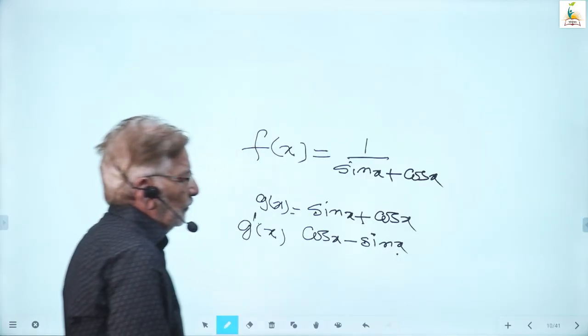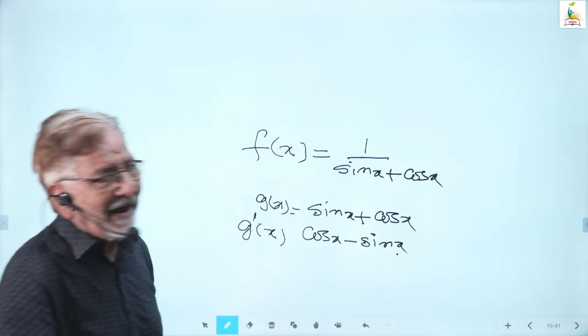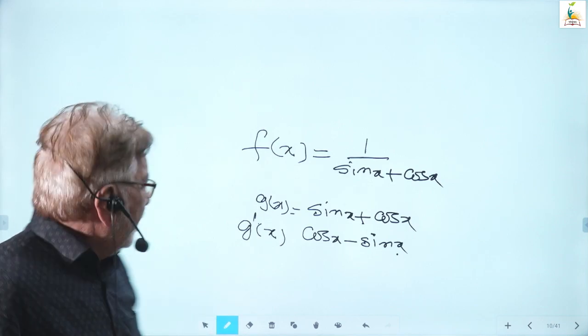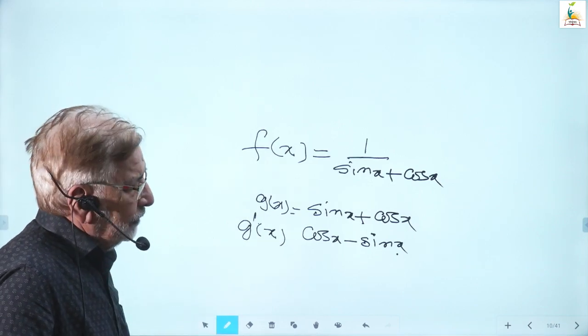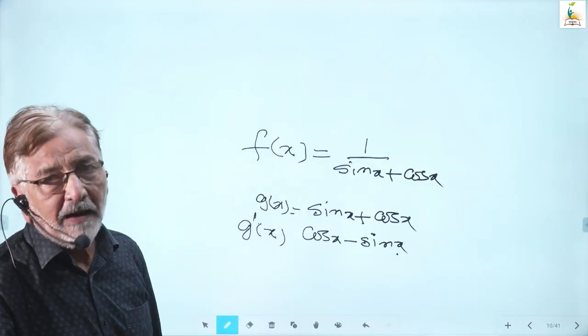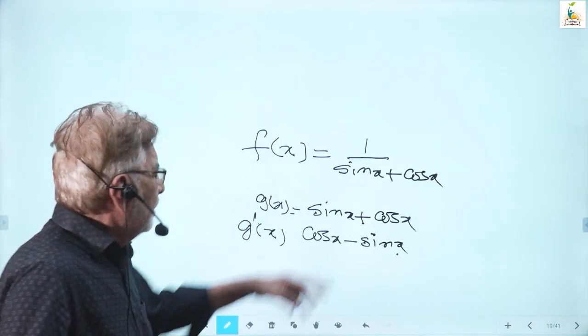Now let us see at x equal to pi by 4. At x equal to pi by 4, g dash pi by 4 equals 0. In left of pi by 4 it will be positive.